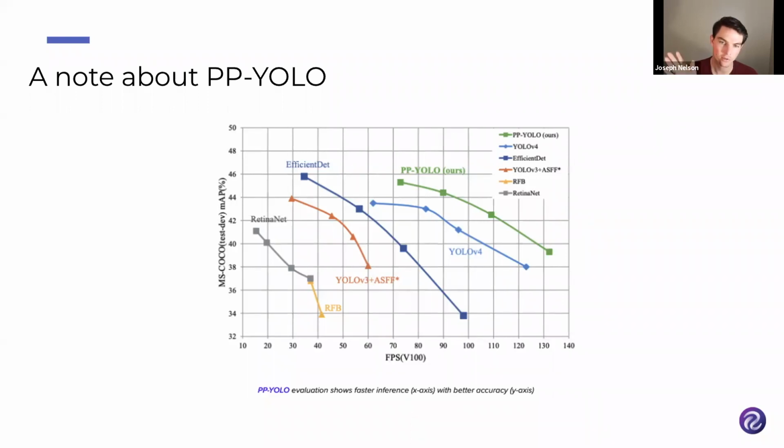So Baidu, the search engine, kind of like Google of China, if you will, Baidu has an implementation of YOLO in their framework called PaddlePaddle. So PaddlePaddle is similar to PyTorch or TensorFlow or Darknet. And the researchers implemented YOLO's architecture in PaddlePaddle, made some improvements. And there's actually been PP-YOLO and now PP-YOLOv2. And they note that they've made improvements as well, right?